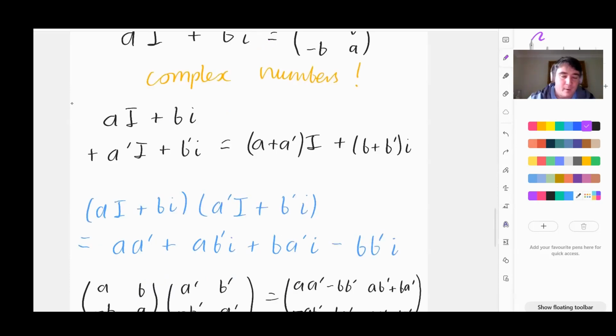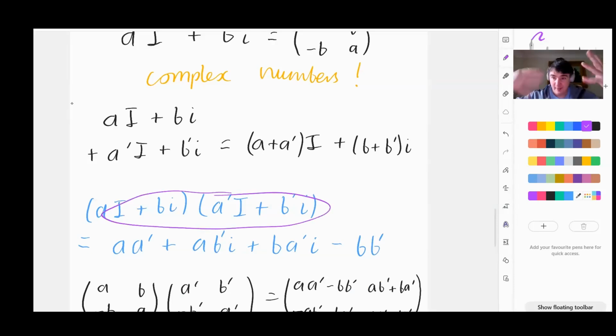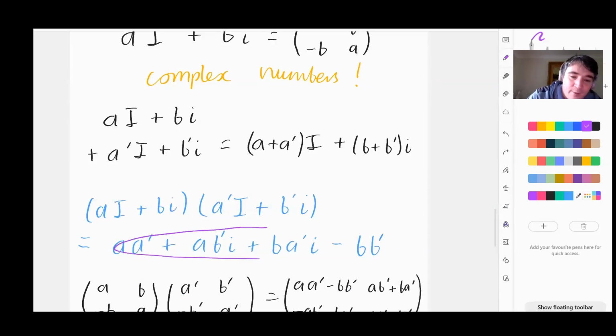And also, of course, we get the behavior we'd expect when we multiply these complex numbers together. So if we multiply this expression by this expression, well, if these are going to act like complex numbers, then we'd expect that we can calculate this out just by multiplying using algebraic rules, and then remembering that little I times little I is -1. So this is the answer we'd expect if we're working with complex numbers.